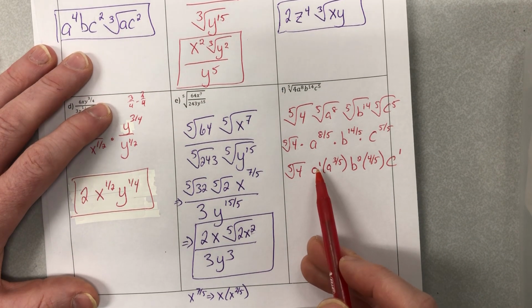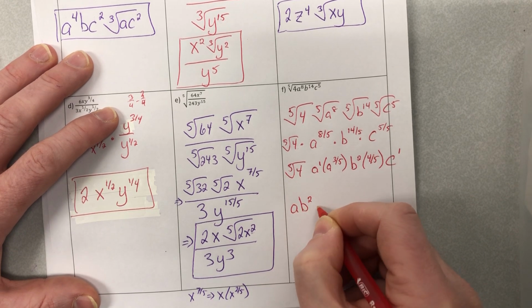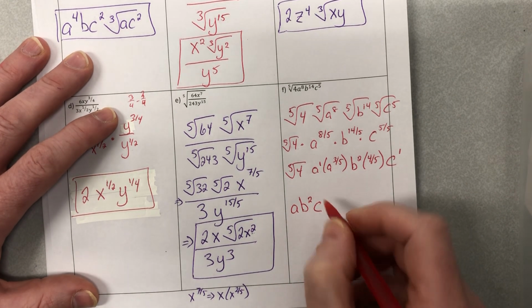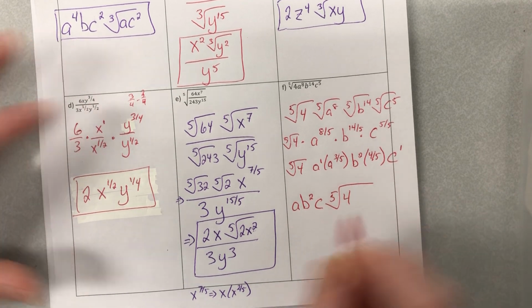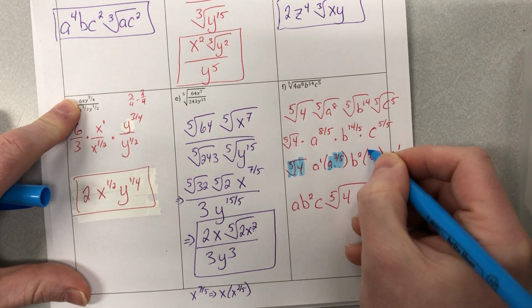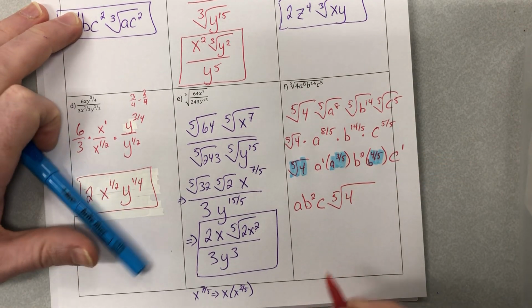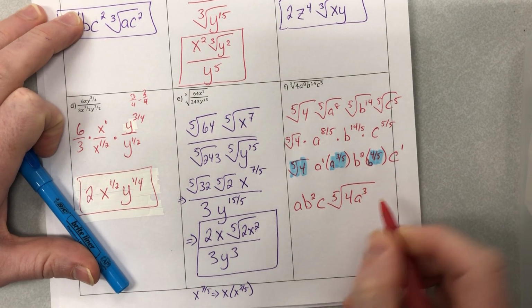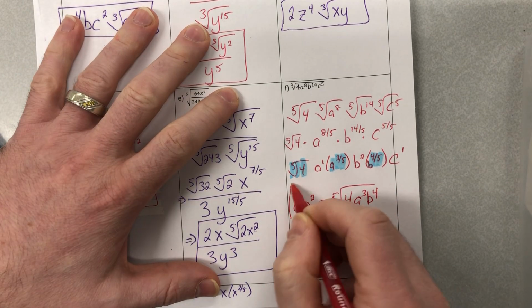All right, so anyone that has a whole number exponent, our a, our b squared, and our c goes out in front. Now what's going to be left in the radical would be the fifth root of 4, this one here. Oh, there should have been a b there, sorry. All right, the a to the third, because it'd be the 3/5, and b to the 4th.